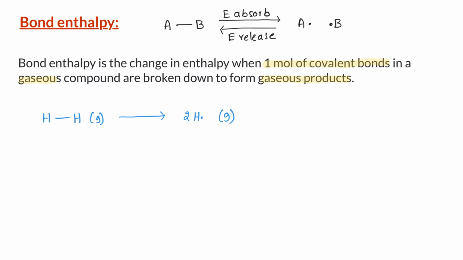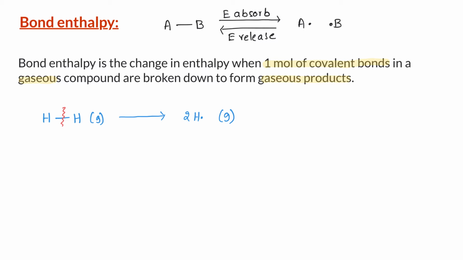In H2 gas, the two hydrogen atoms are connected to each other by a single bond. So, essentially, we are breaking 1 mole of H-H single bonds in this reaction. The enthalpy change associated with this reaction is called the bond dissociation energy or bond enthalpy.